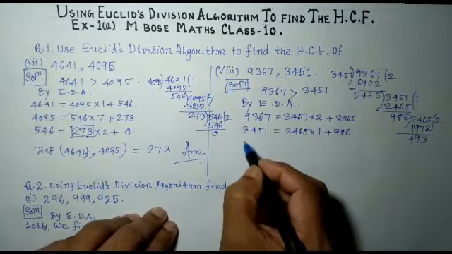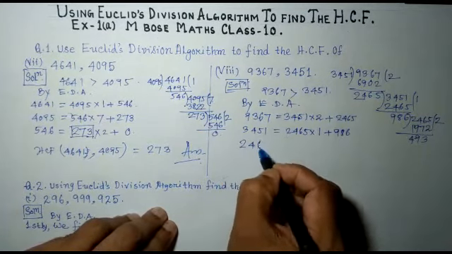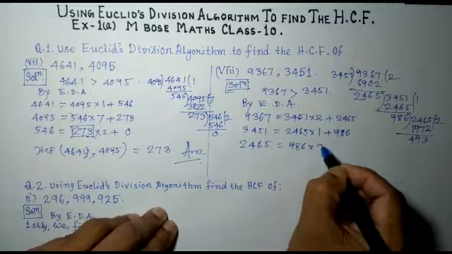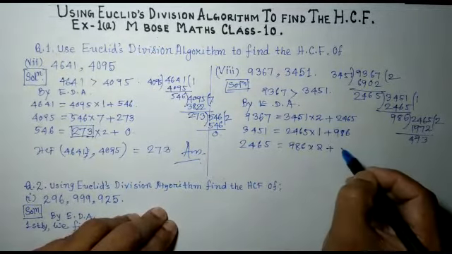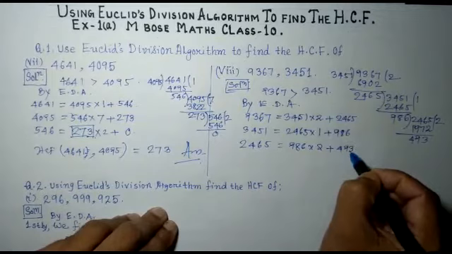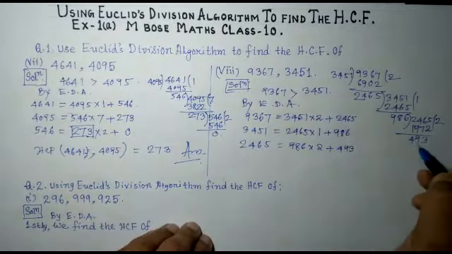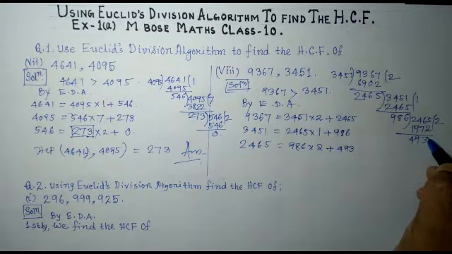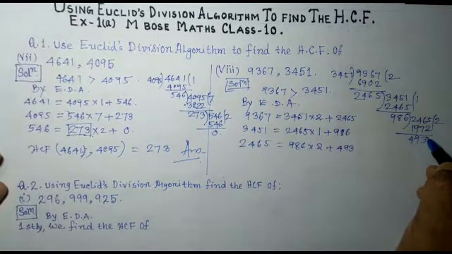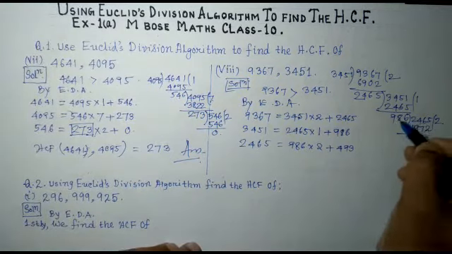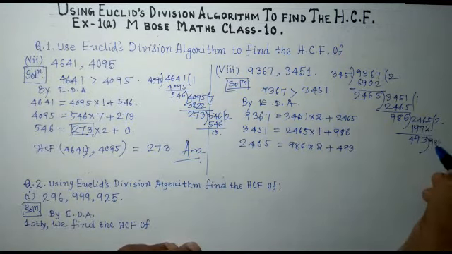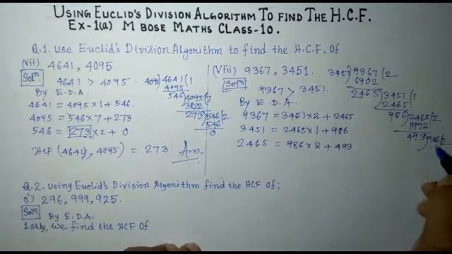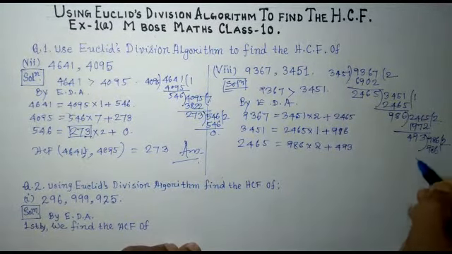So we write: 2465 is equal to 986 into 2 plus the remainder 493. When the remainder is 493, by this remainder we have to divide the previous divisor 986, and as we see it will go 2 times, and the remainder will be 0.